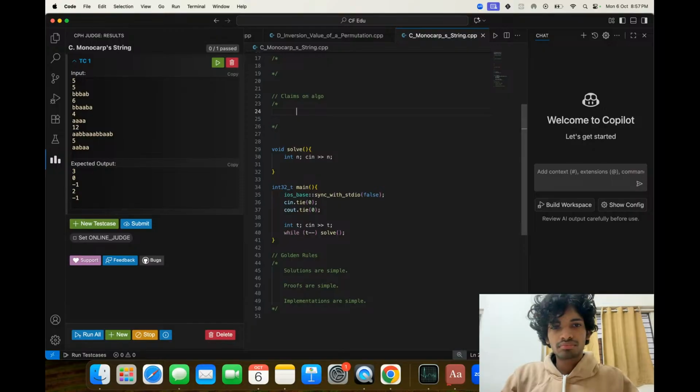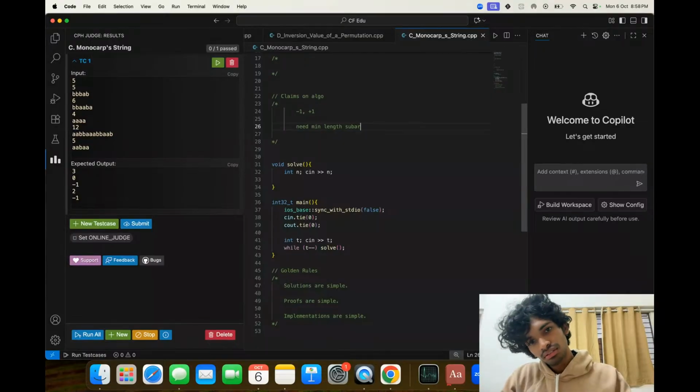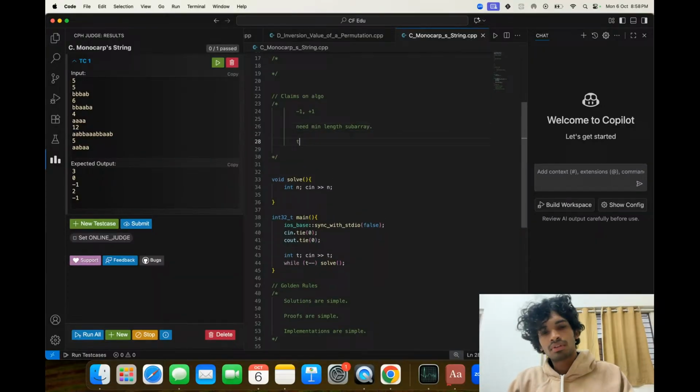So you have minus 1 plus 1, need min length subarray whose sum equals the total sum.